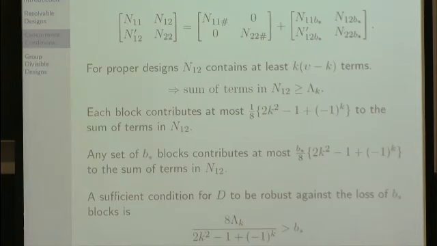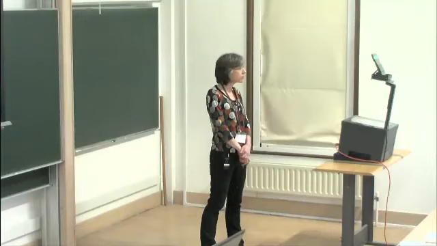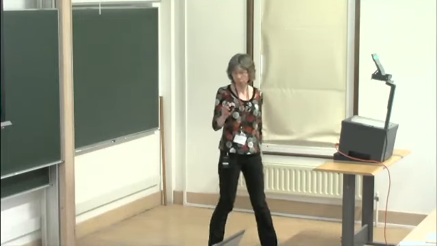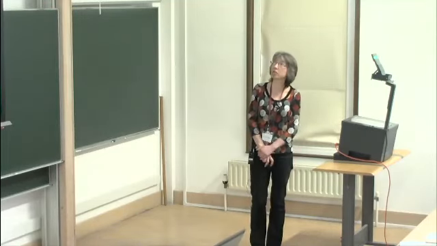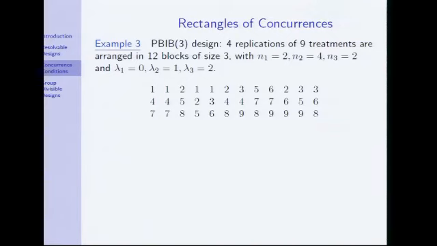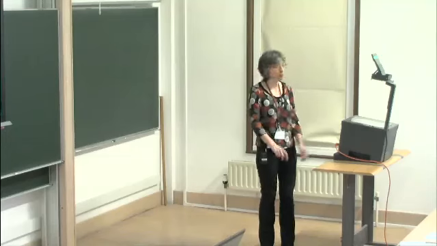Now that condition works even if lambda star, our smallest concurrence, is 0, which is good news. And I can demonstrate an example here. I've got a PBIB design, 3 associate classes, and you'll see that my smallest concurrence, lambda 1, is 0. So with the other conditions based on concurrences, that's a condition with Bagchi, Sathe and the work that I did with Helen Warren, we wouldn't be able to demonstrate that this design was maximally robust.